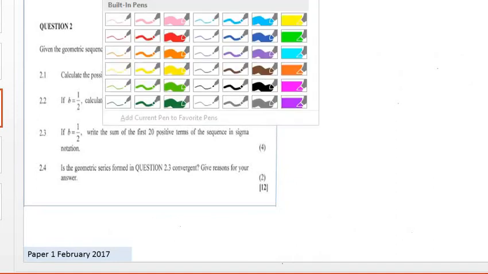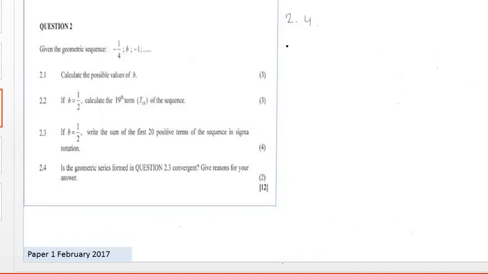We have the first term, which is 1 over 2, the second term, which is 2, and the third term, which is 8.